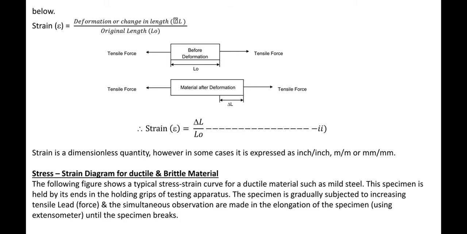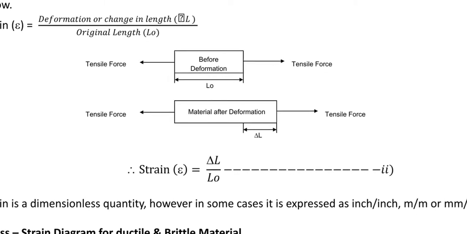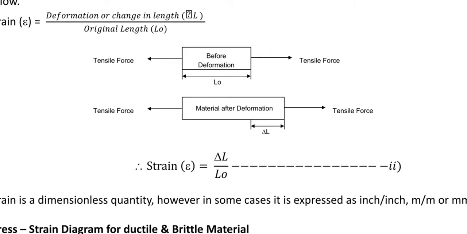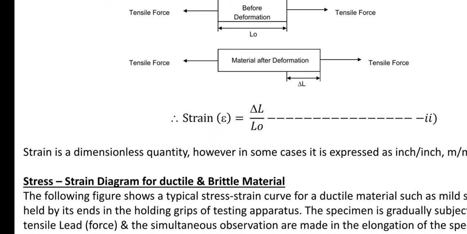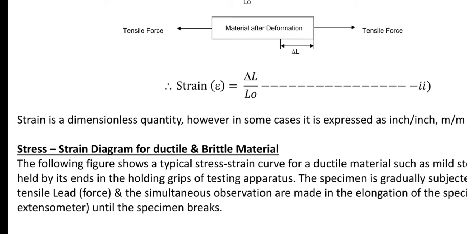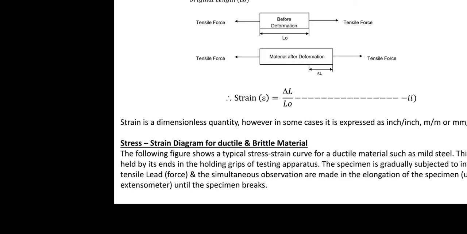Mathematically it is the change in length, delta L, divided by L0. This is the dimension of the material before applying the tensile force, and after applying the tensile force the material length is increased here. So it has no unit, it is a dimensionless quantity. After that we'll discuss the stress strain diagram for ductile and brittle material.